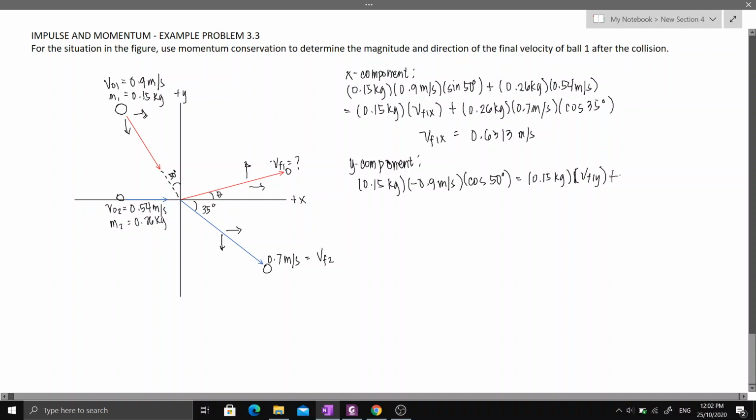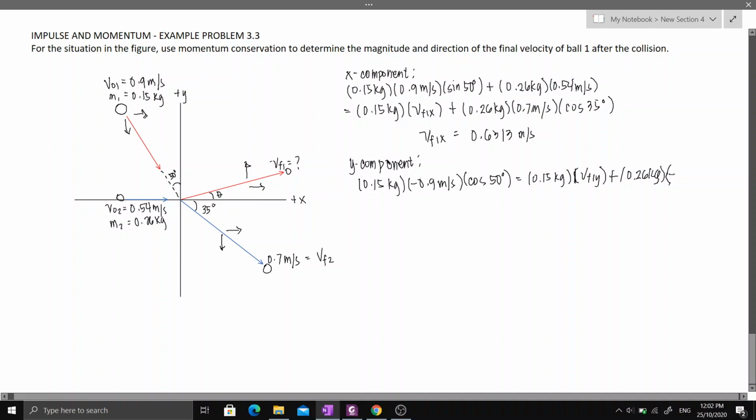And plus 0.26 kilograms times, again, the y component is directed downward.